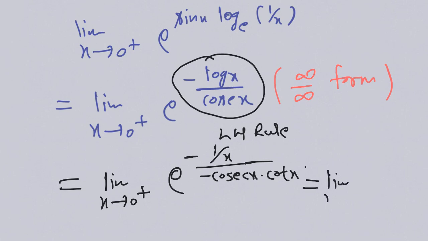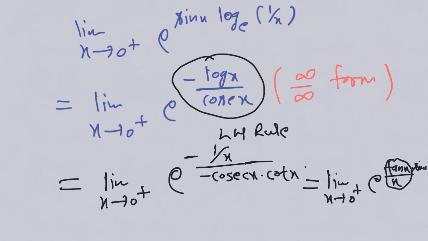So the problem is converted into the limit as x approaches 0 plus of e to the whole power, where minus and minus cancel out, cot x becomes tan x, so this is tan x upon x into sin x, since cosec x converts into sin x.